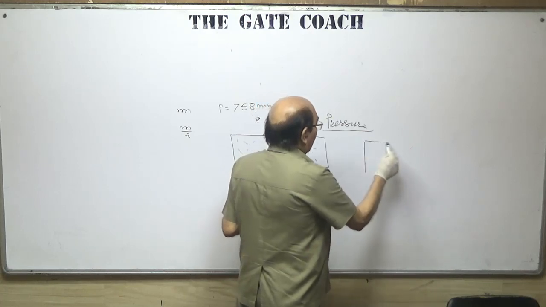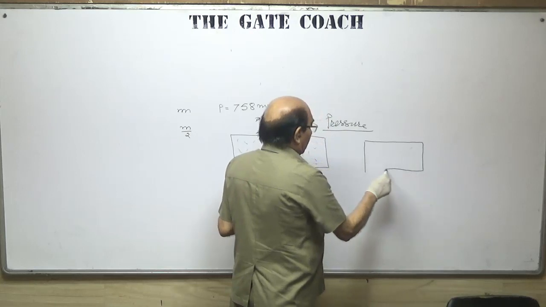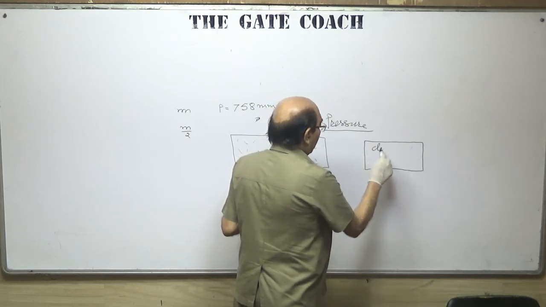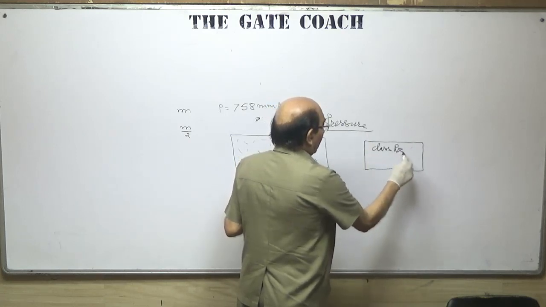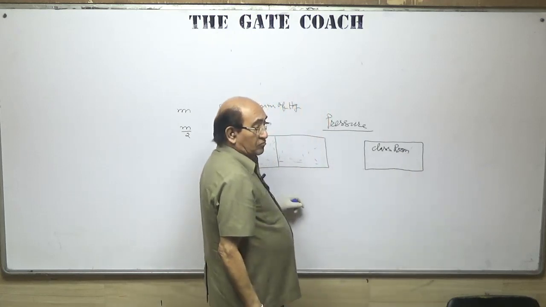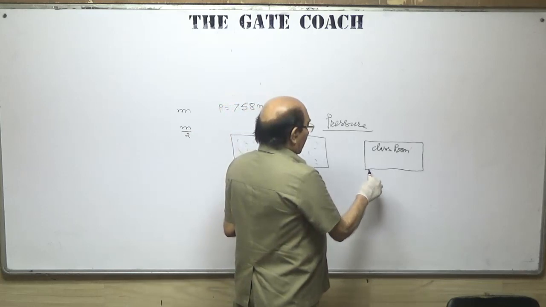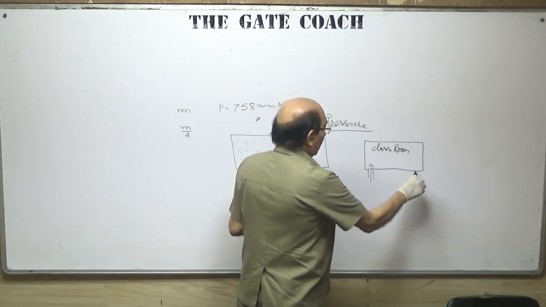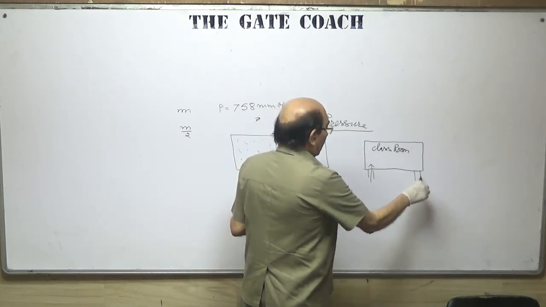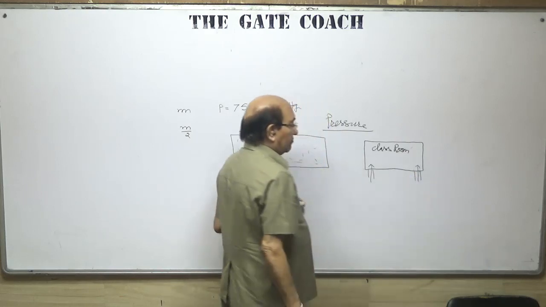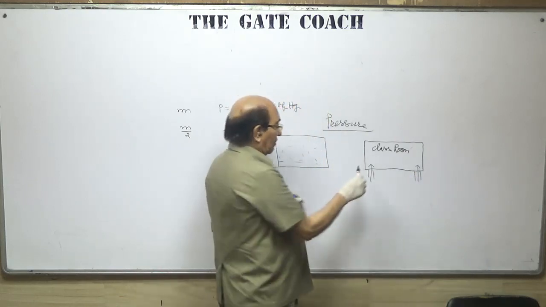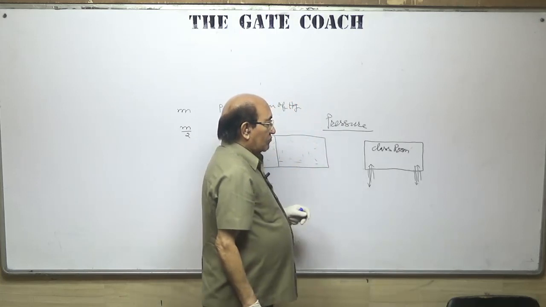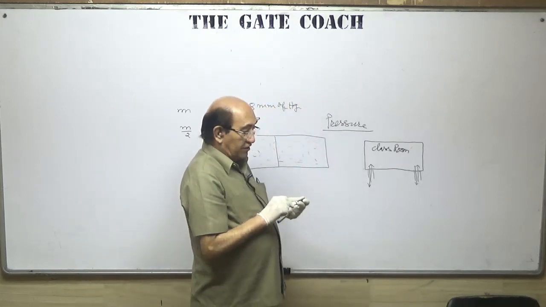I am standing in a classroom. This is one entry point. This is another entry point and can be used for exit also. This classroom is my system.